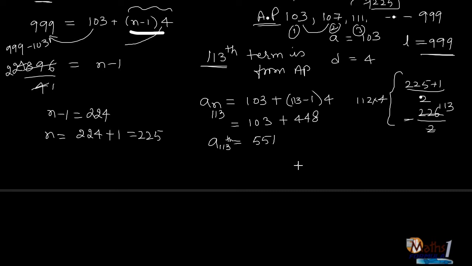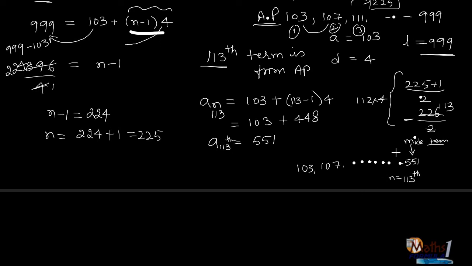So if I write 103, 107 and so on, somewhere the 113th, n is equal to 113, the value is 551. That is my midterm from that sequence.